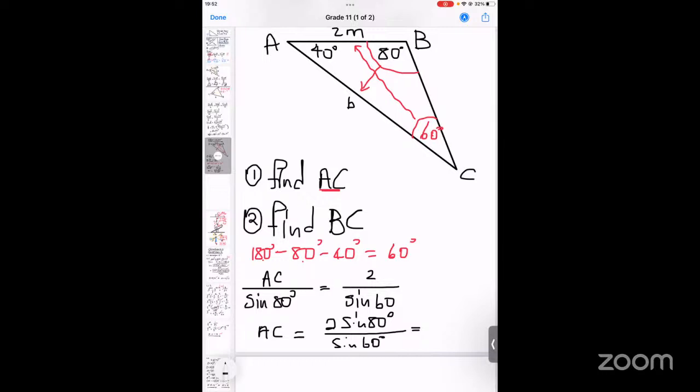Let me get my calculator. 2.27. 2.27 meters. Okay, so that means we've got 2.27 meters.